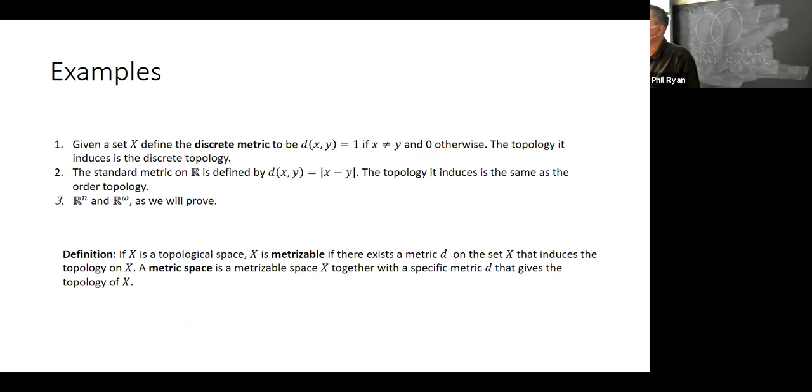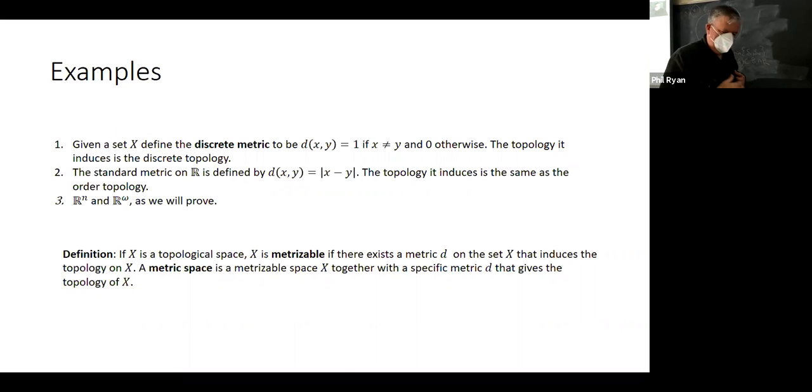You want to show that that is metrizable. And in fact, what we're going to do in the second half of the course is prove various metrizability theorems. So a list of conditions on a space that you can then prove that there has to be a metric that's underlying it.